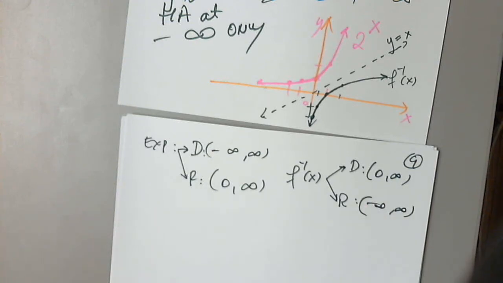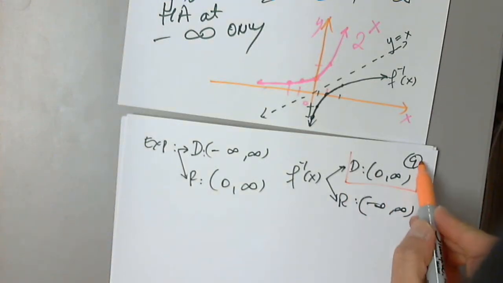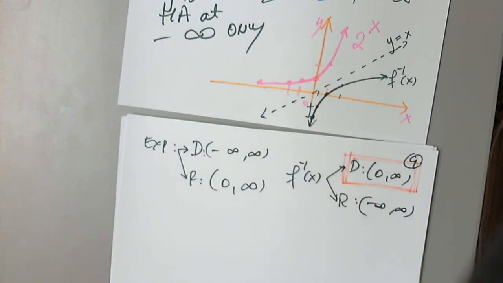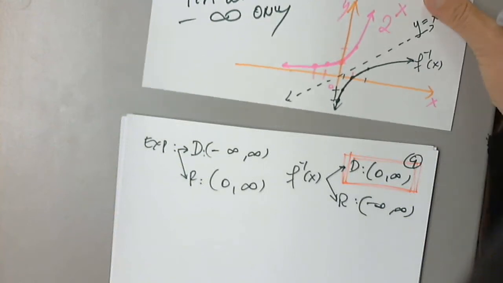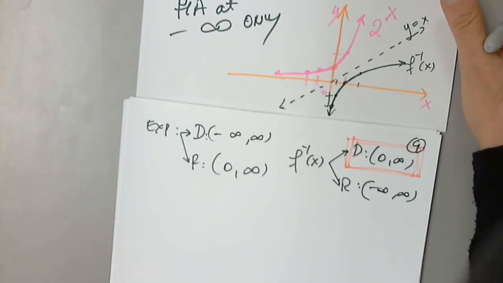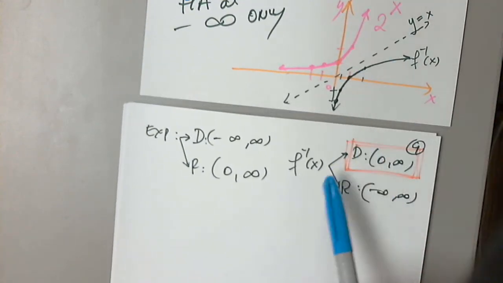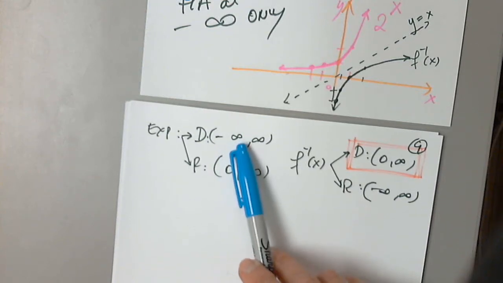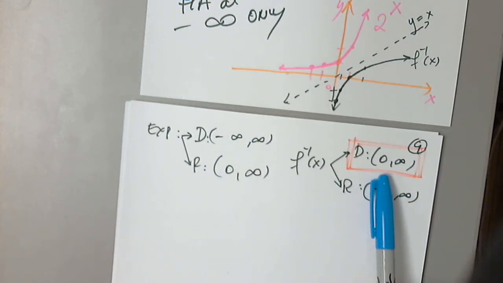So, although the exponential function is a friendly function, what can you say about its inverse? Its inverse is not a friendly function because it's not defined everywhere. This is how I call friendly. It doesn't give us any worries, nothing. We don't have to worry about anything, but here we do when we get to it.